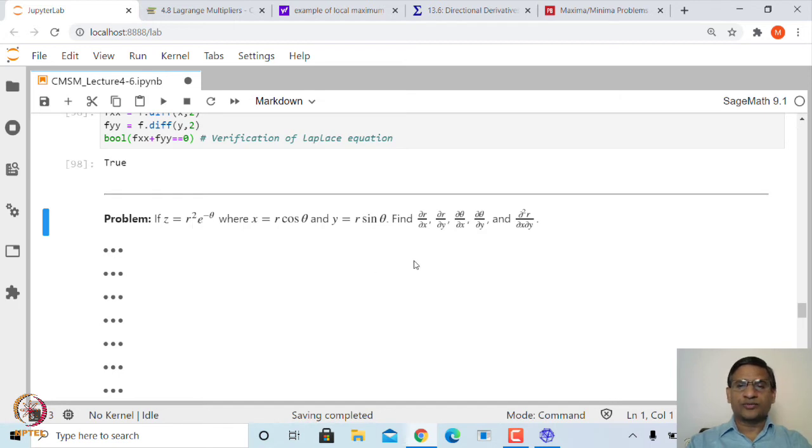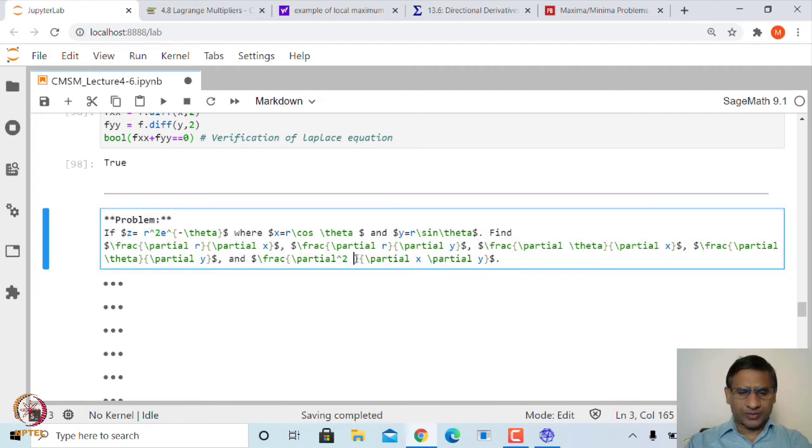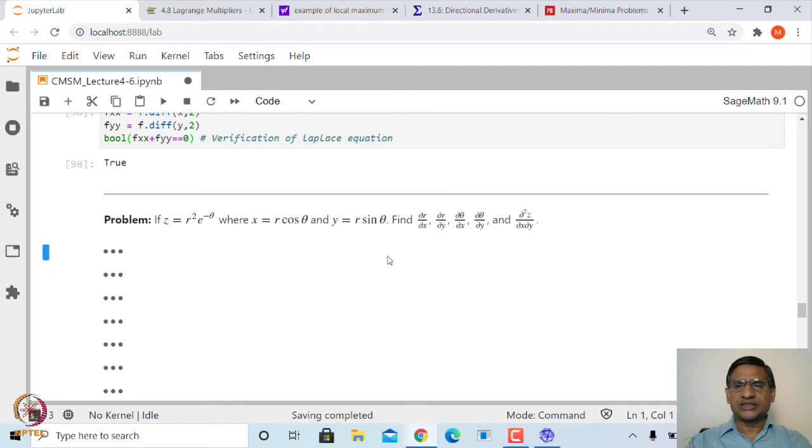So suppose we want to find the partial derivative of r with respect to x, del r del y, del theta del x, del theta del y, and del 2 z by del x del y.